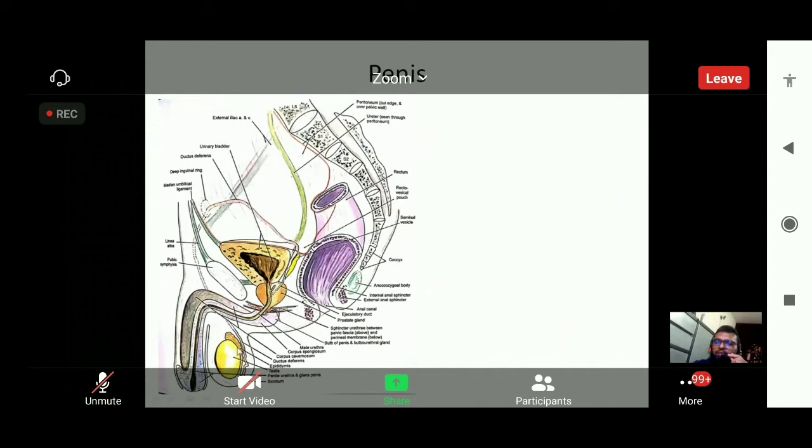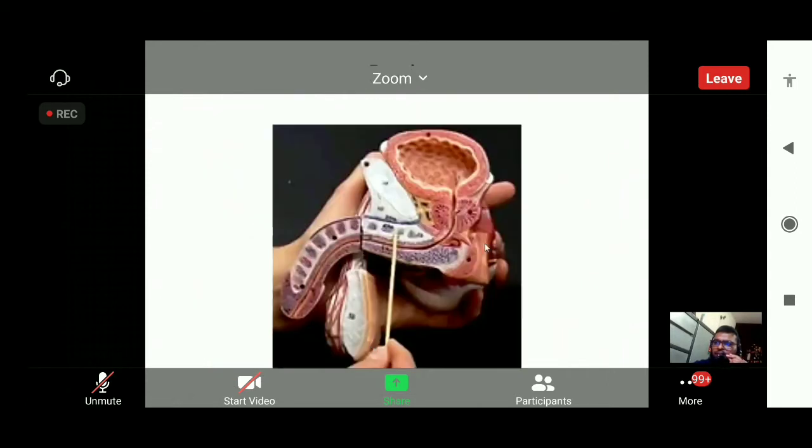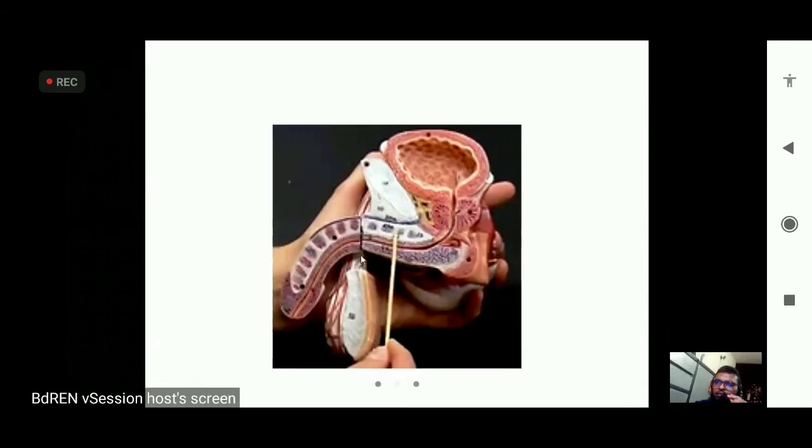We just see this part, which the layman usually calls the body of the penis, but the root of the penis is so deep seated. You can see it has almost reached the rectum. This is the rectum. So this one thing must be made clear before we start any discussion over it.